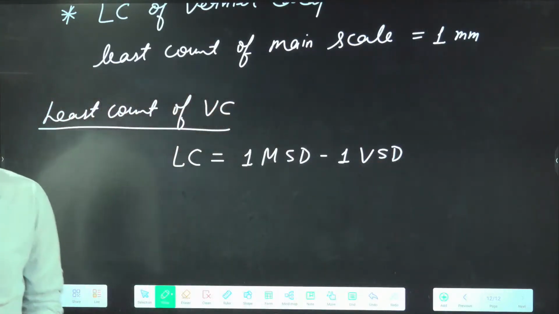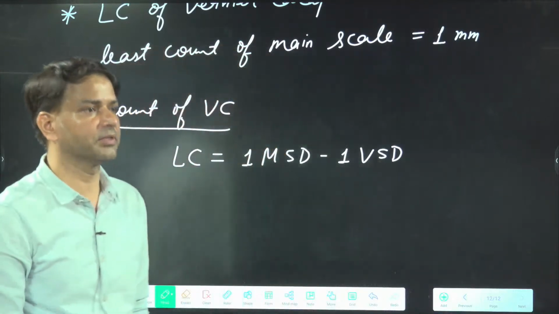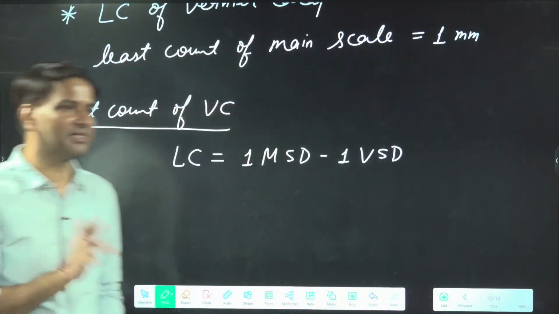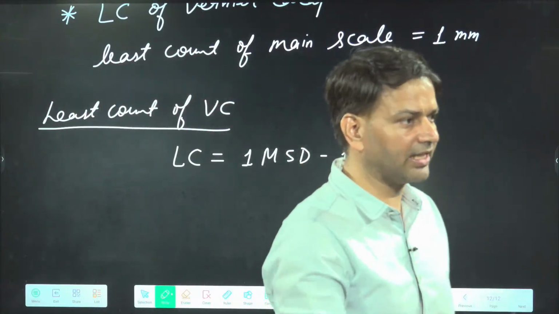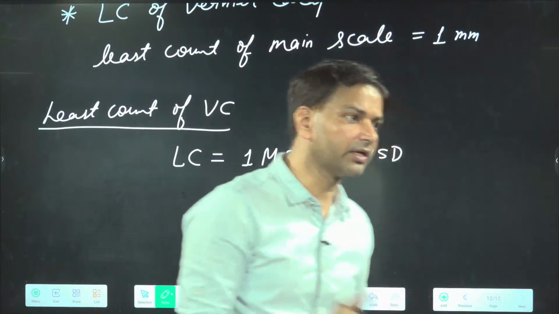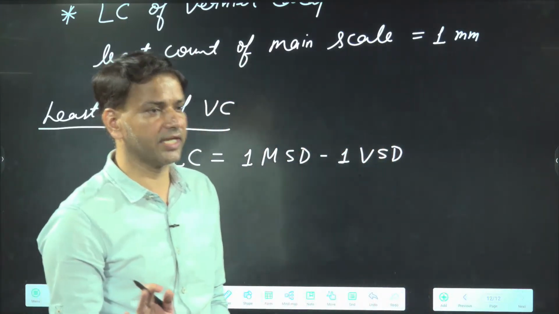That formula you have to remember. Here 1 MSD means 1 main scale division, and VSD means Vernier scale division.